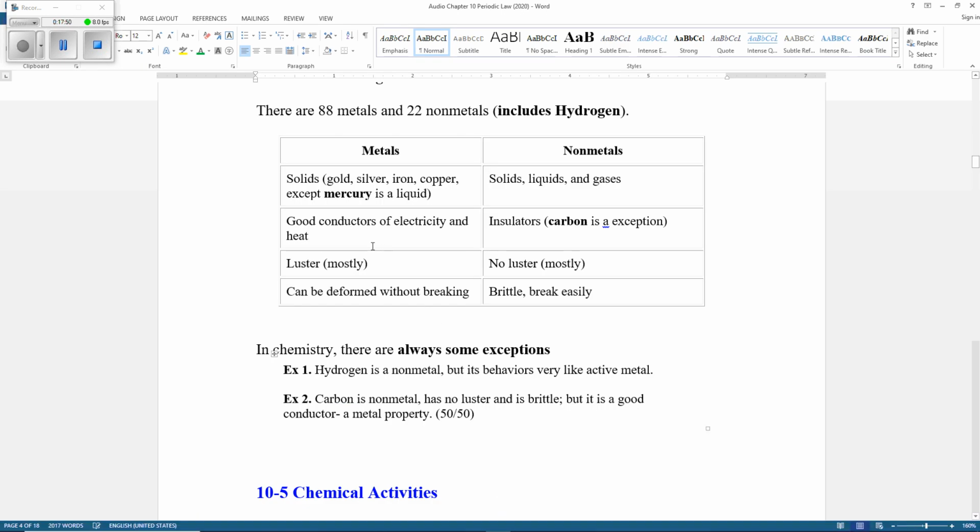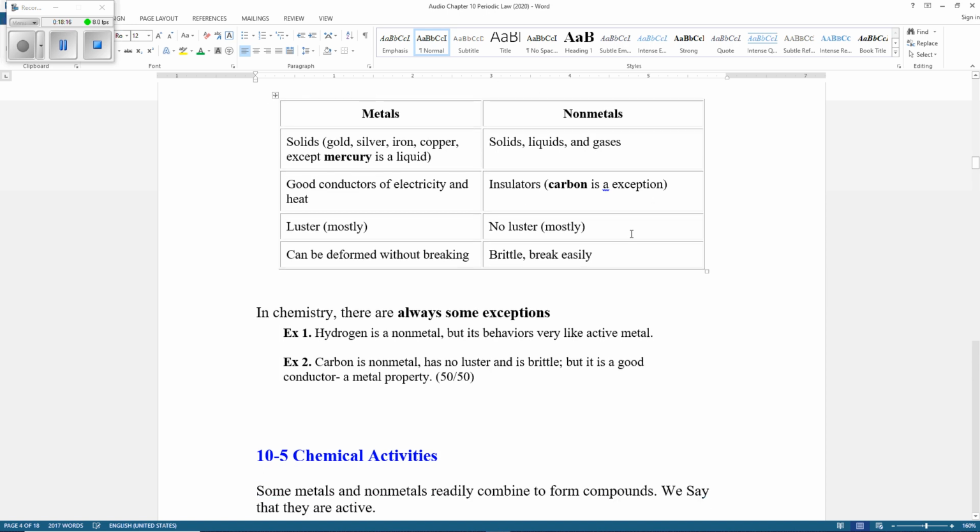Now the second point is very important. At least this one, I may ask you. Metals are good conductors of electricity and heat, transferring energy. Non-metals are insulators, but carbon is an exception.